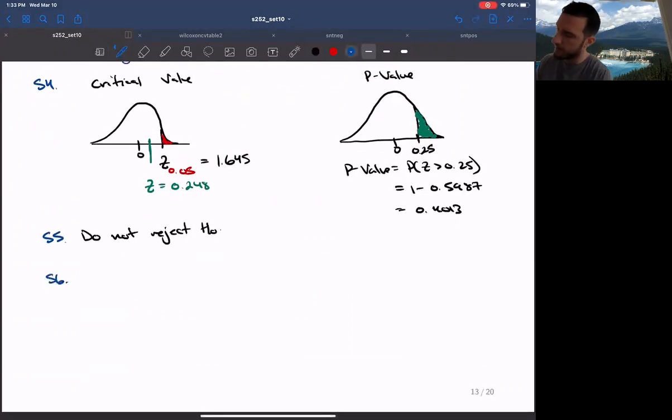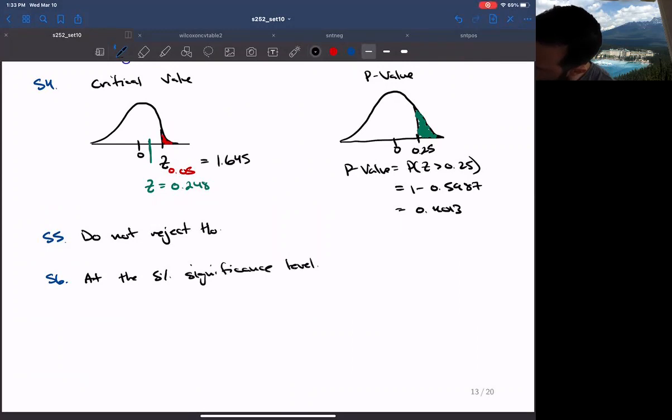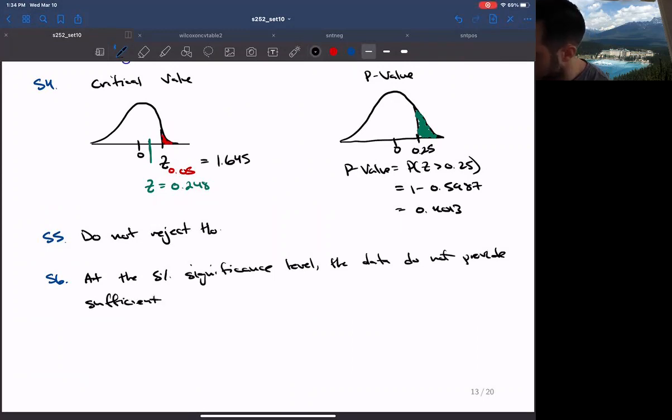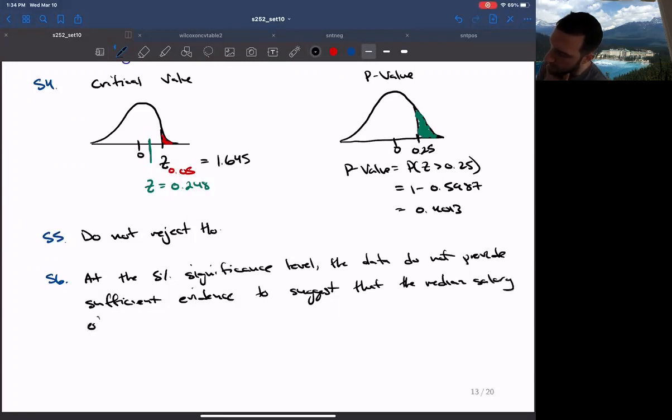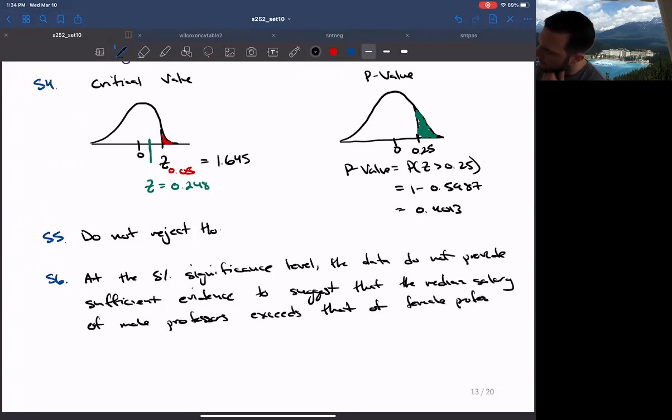And then on step 6, we can say at the 5% significance level, the data do not provide sufficient evidence to suggest that the median salary of male professors exceeds that of female professors.